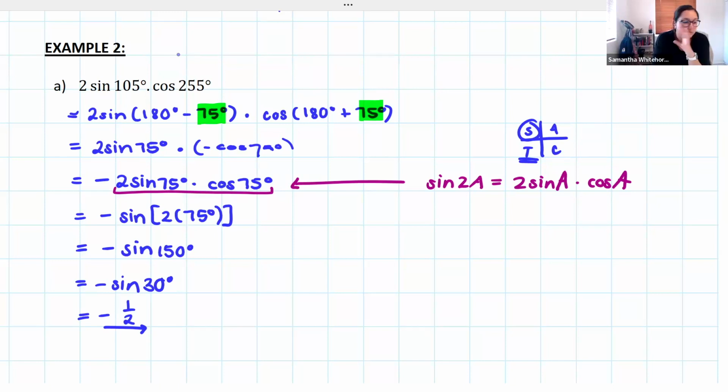So again, trig manipulation. That's really all that you're doing. I can't give you exact steps to follow because it's very much dependent on the question. But if you can start thinking critically about what do I have, what do I want, what tools do I have available to me, you're going to hopefully become more comfortable with it.